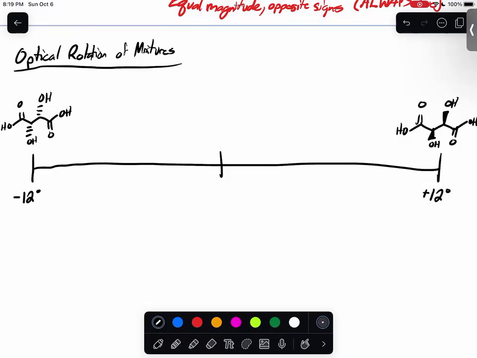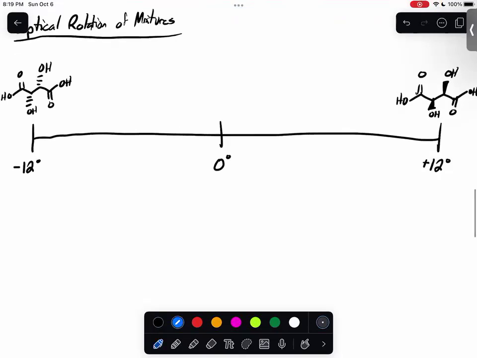That means there's a range in between these that is going to be meant for mixtures of these two things. Okay? And right in the middle would be something that rotates light 0 degrees. Okay? And this would be a 50% mix of the plus and a 50% mix of the minus.